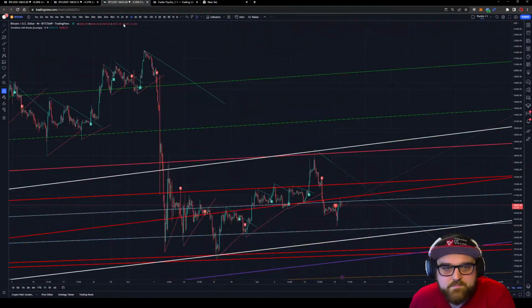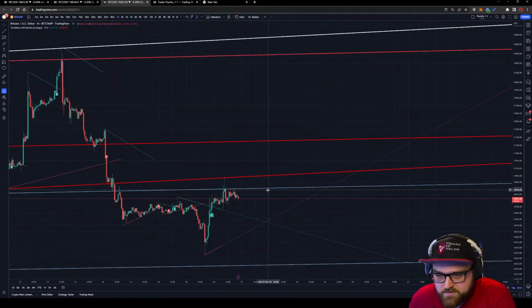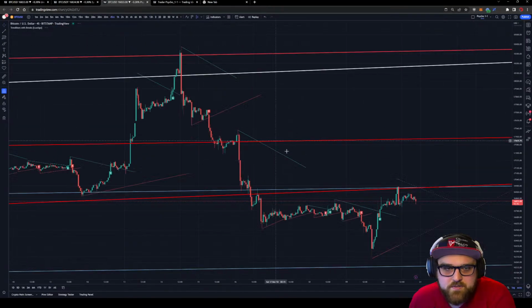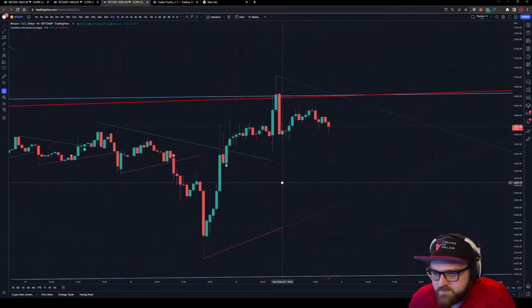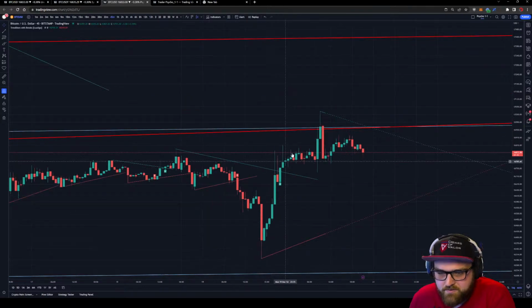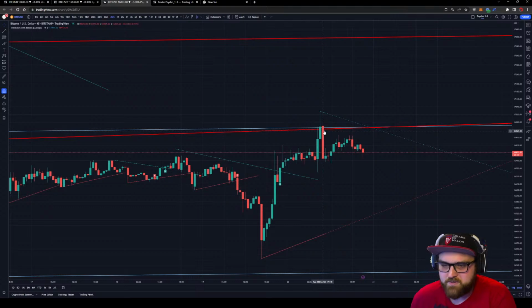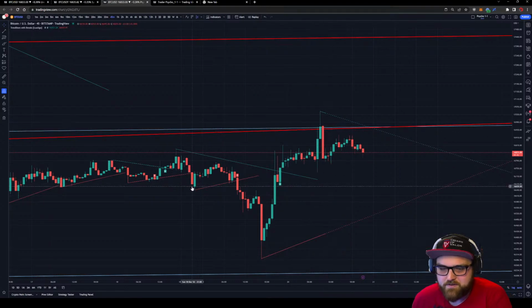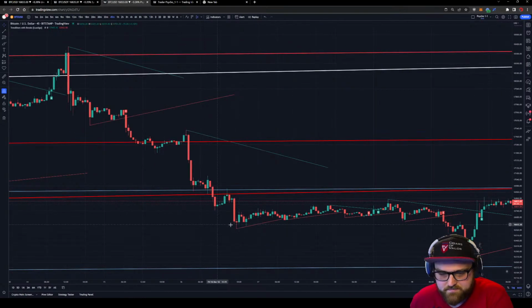Paste it in. Let's do that 45-minute one. All right, so we had a clear break. You have the spider lines up here. Bam, look at that rejection. That would be where you take profit. So you have the break here, you take profit there.